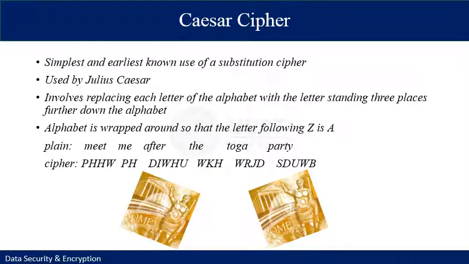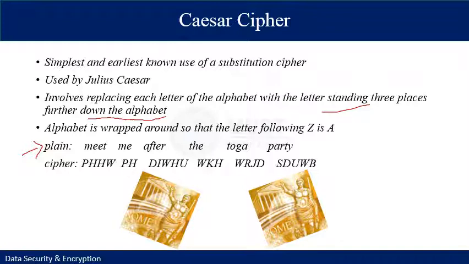So if we consider the plain text, we use the text "meet me after the toga party." If we use this Caesar cipher, that states that we use the substitution of three places further down the alphabet.